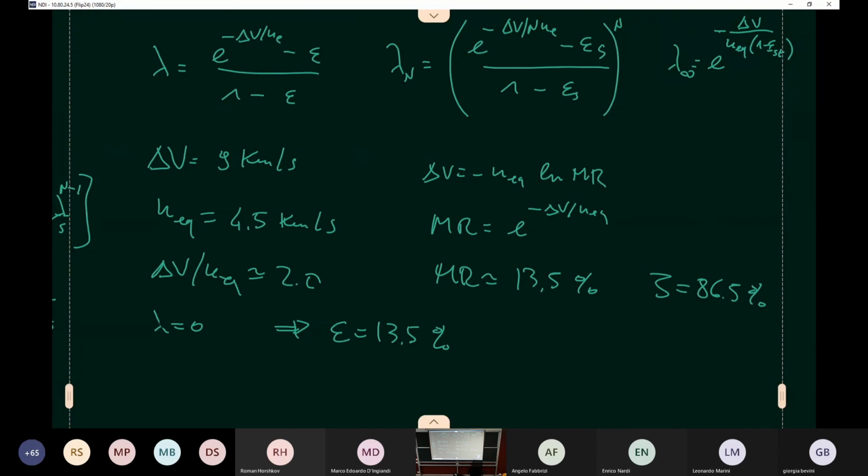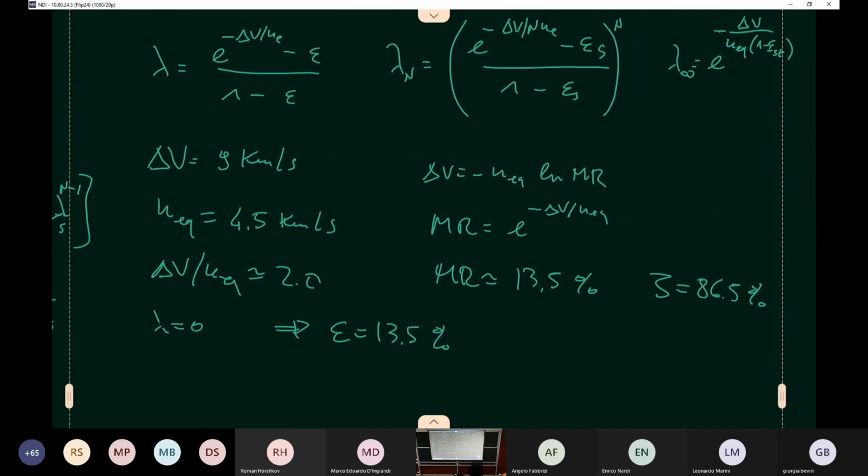It's at the limit of today's technical capabilities, with zero payload. Let's now consider two similar stages with the same technological capability, that means the same epsilon. And let's see what the figures are.